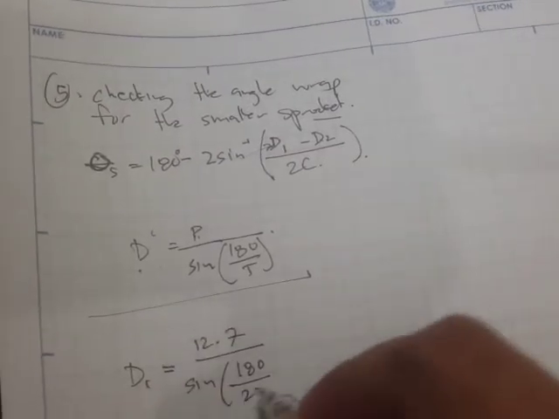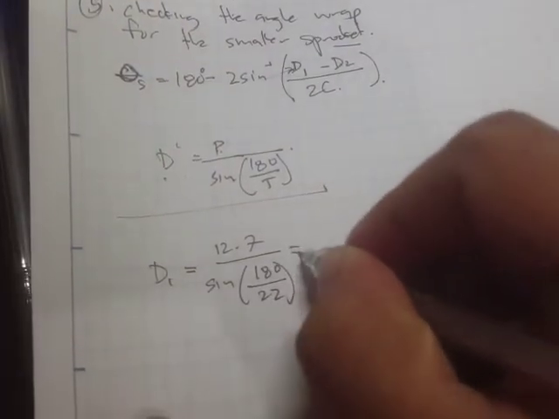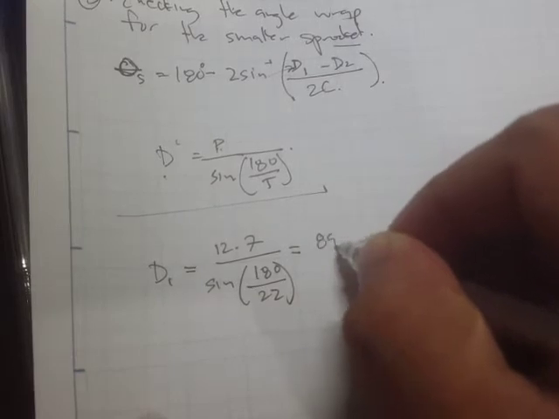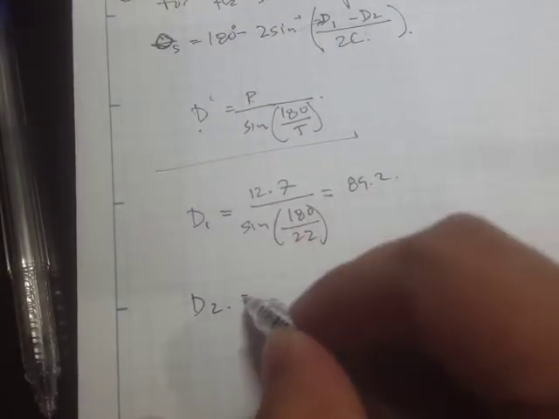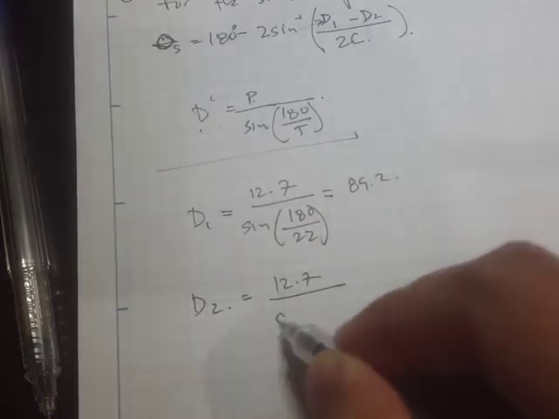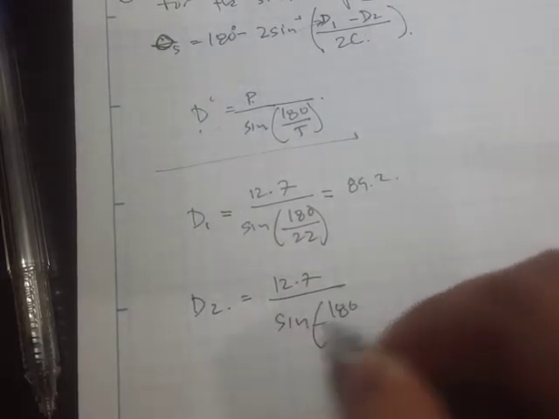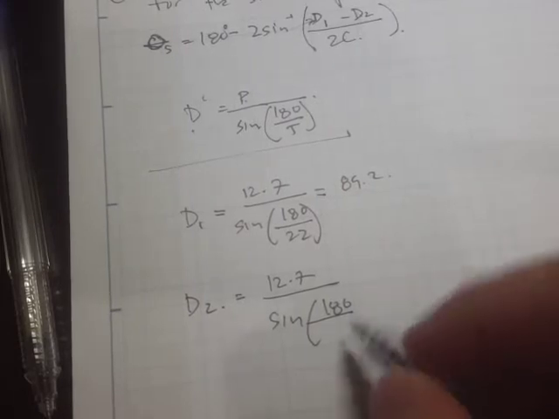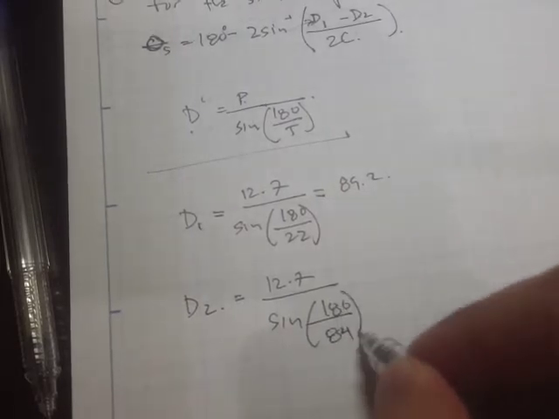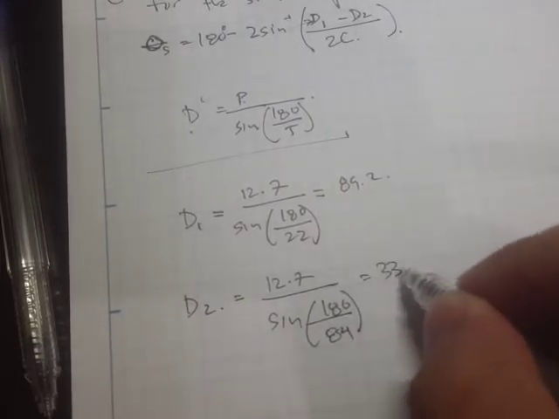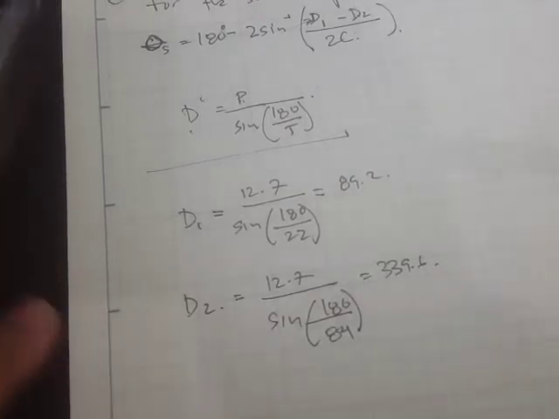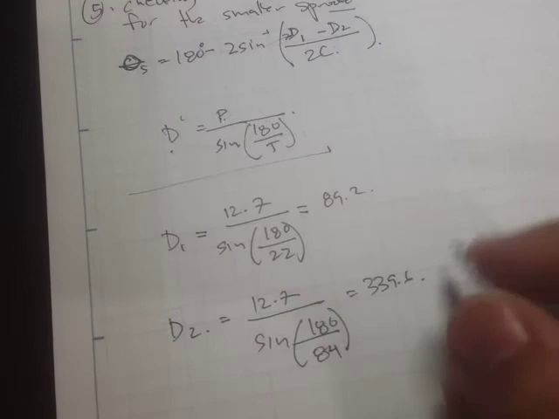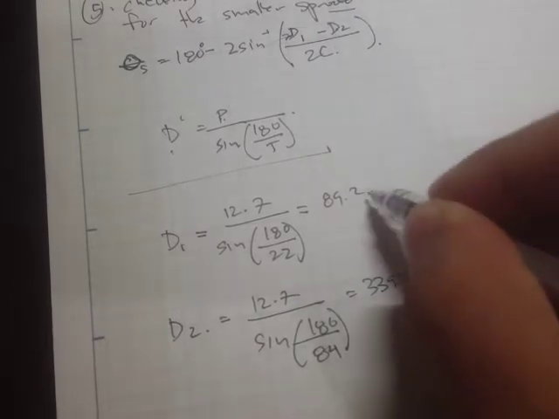What we get here is 89.2, and for the pitch diameter of the second sprocket, this is 12.7 divided by sine of 180 over 84 teeth, and this is just 339.6. I think this is in mm.